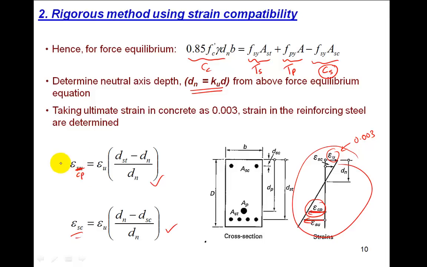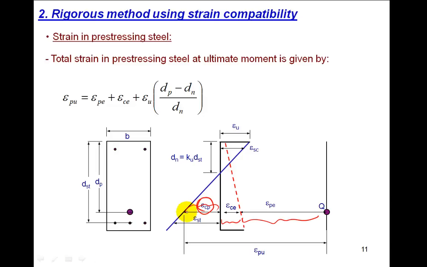Once you know epsilon CP, that is the strain in the prestressing wire, you can go ahead and find the total strain in the prestressing wire by adding epsilon P. This should be CP as well.